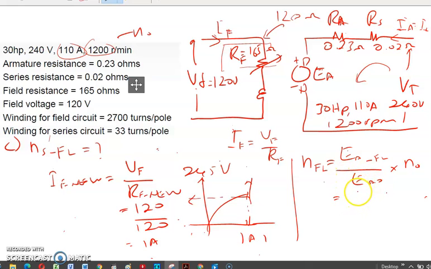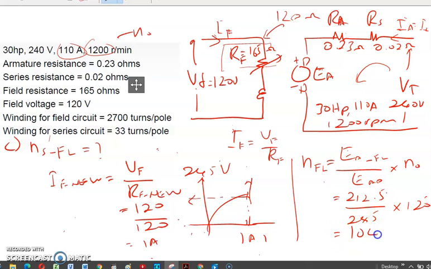So EA full load was 212.5 previously. EA new we have now is 245, times the previous N naught of 1200.